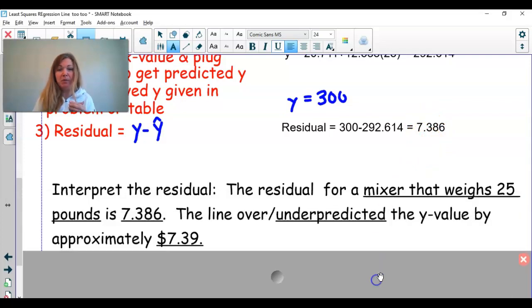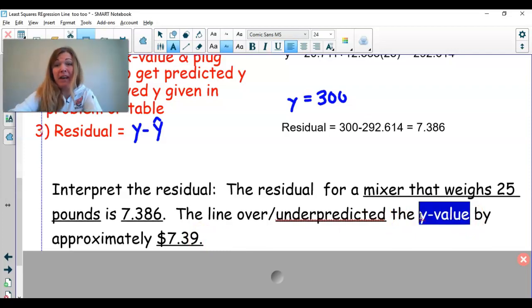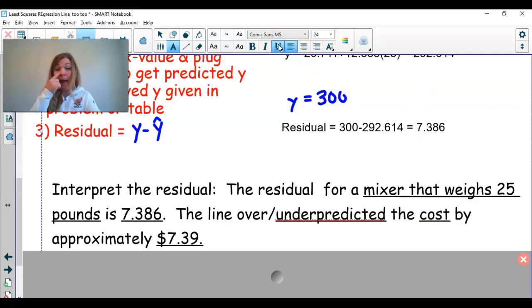So here's our interpretation. The residual for a mixer that weighs 25 pounds is 7.386. The line underpredicted, or you could put the least squares regression line or the model, okay? The line underpredicted the cost by approximately $7.39.